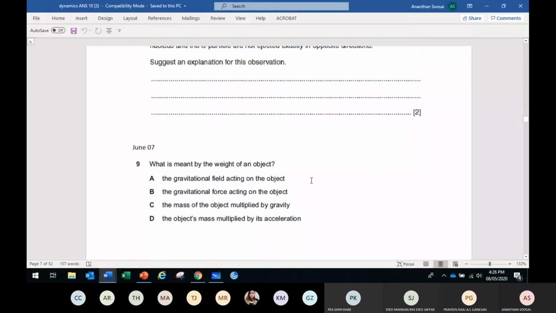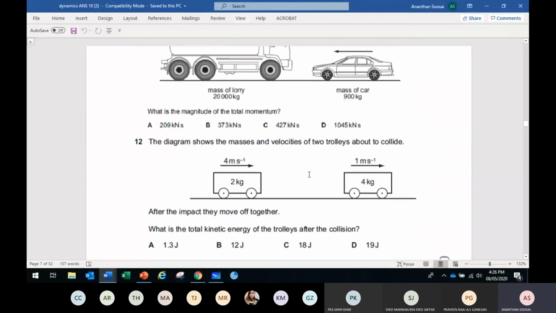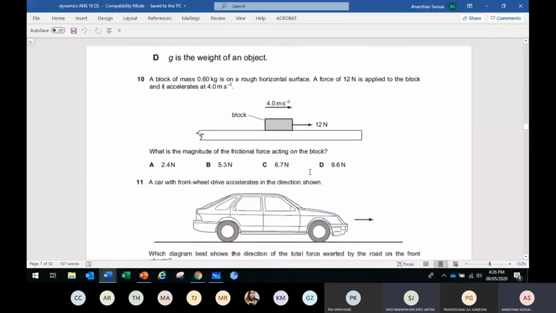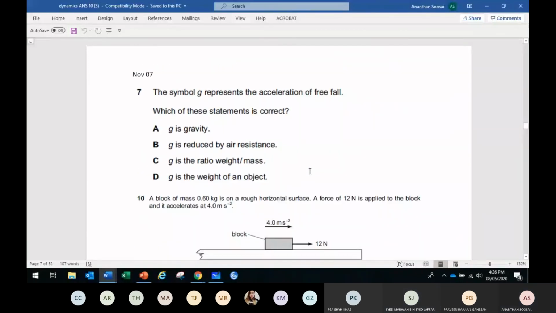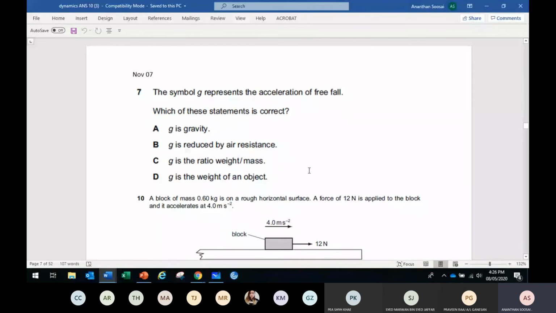So class, one last question before we stop. Very good question. November, question 7. What's the answer? Think carefully. Give me the answer on WhatsApp.